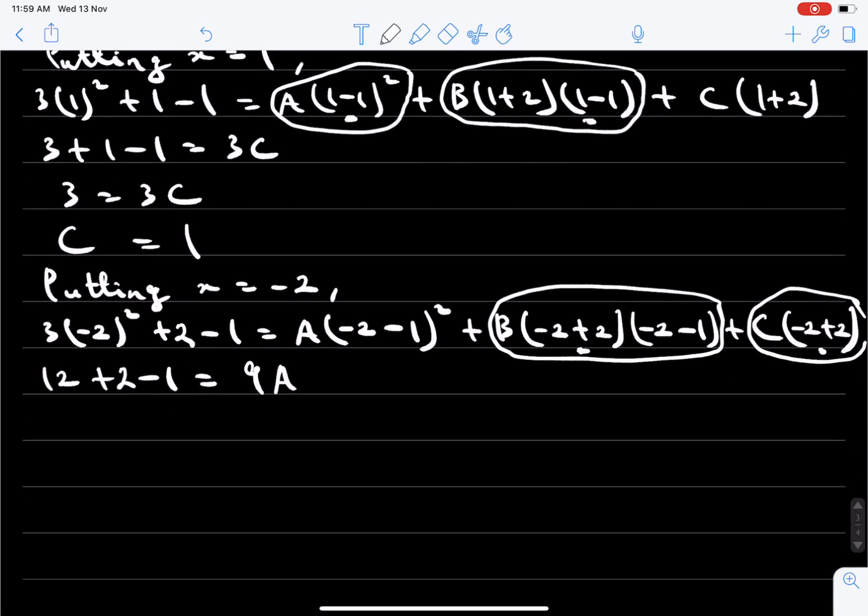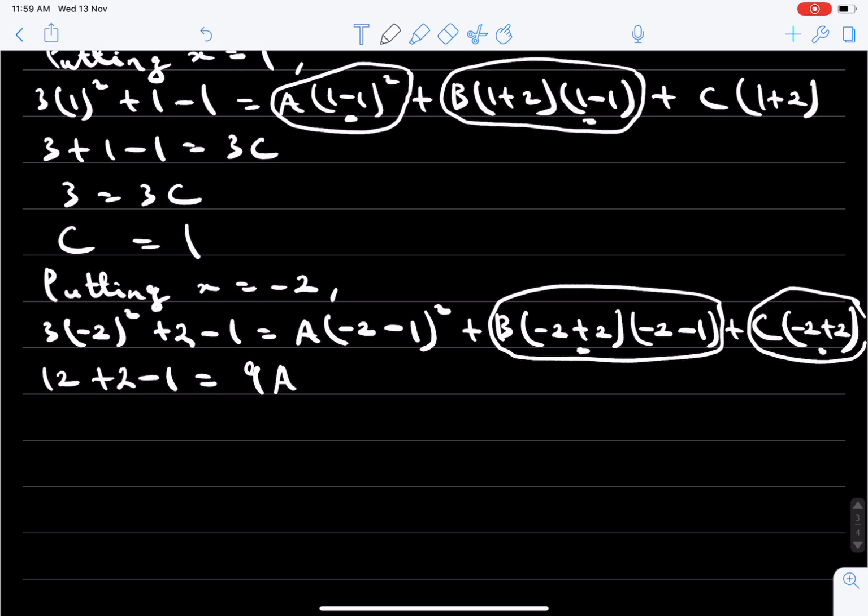That's correct, yes. And that's 3 times minus 2 squared plus 2 minus 1 equals a times minus 2 minus 1 squared plus b times minus 2 plus 2 times minus 2 minus 1 plus c times minus 2 plus 2.